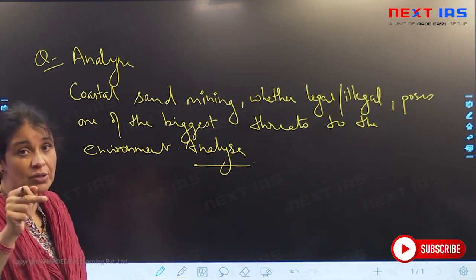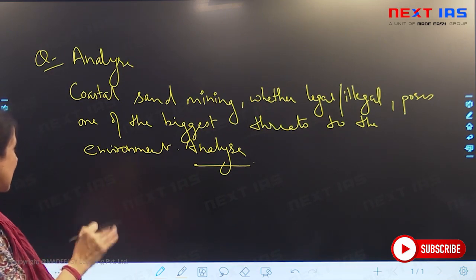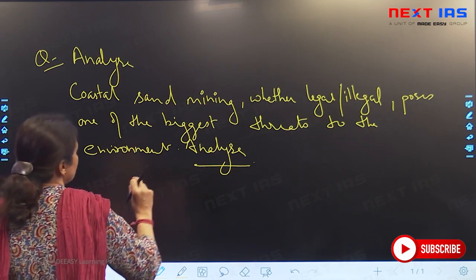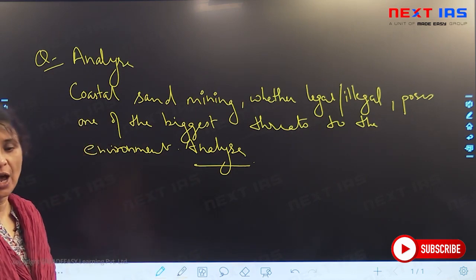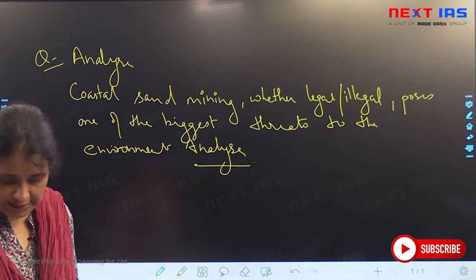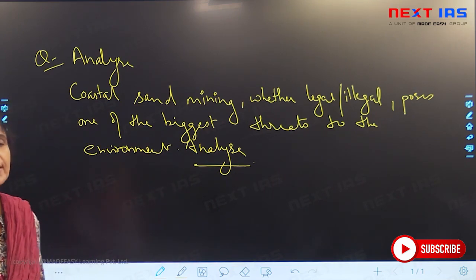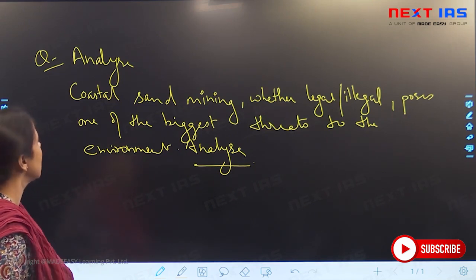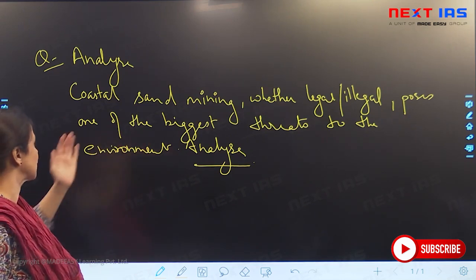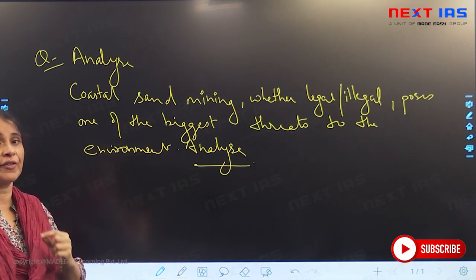You might have seen news analysis. So what does analysis mean? You are going in depth into each and every aspect. If you have to analyze, say for example, the new education policy, or the coastal sand mining, whether legal or illegal, poses one of the biggest threats to the environment. So you have to give your analysis.